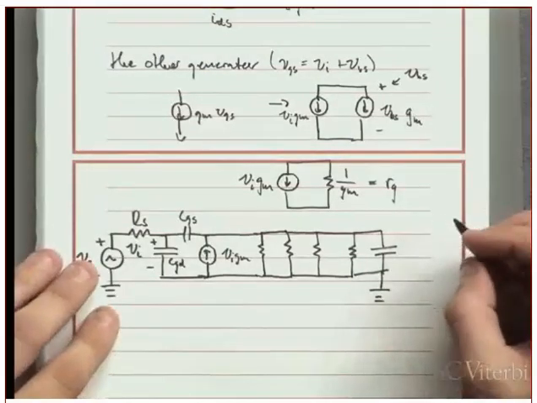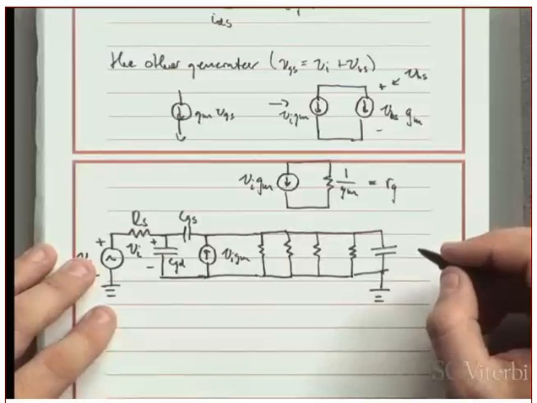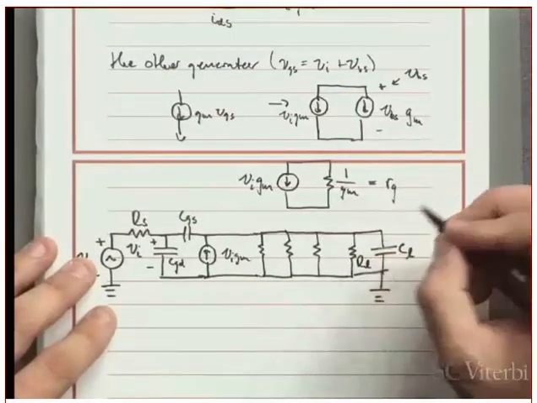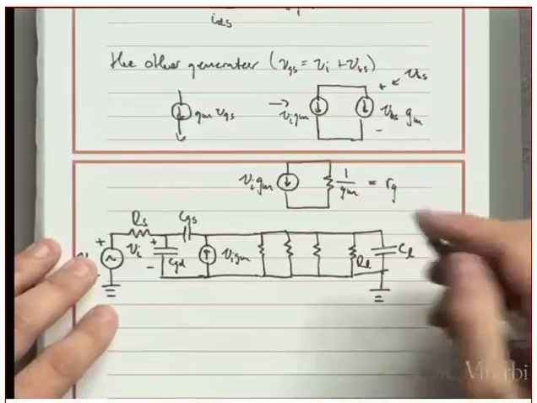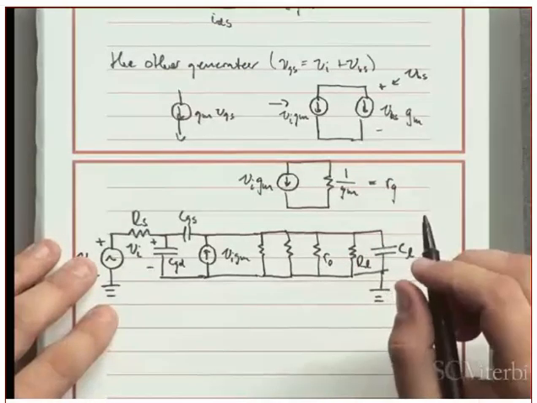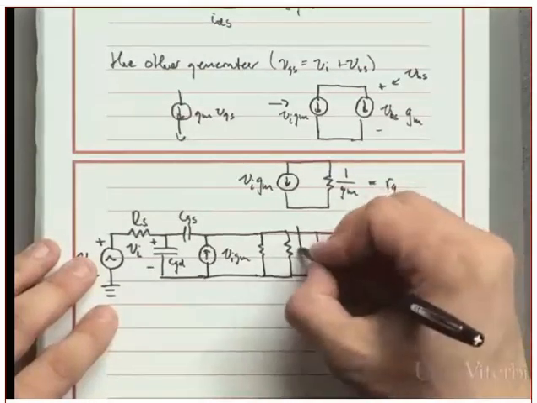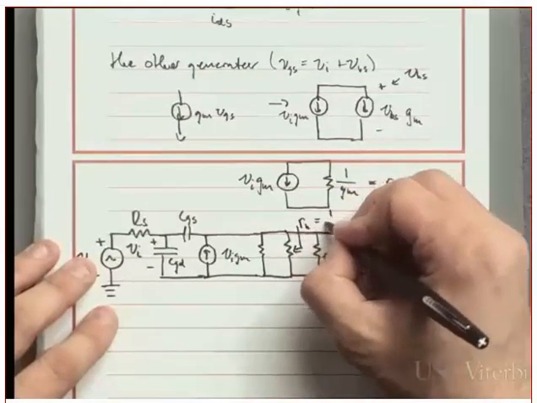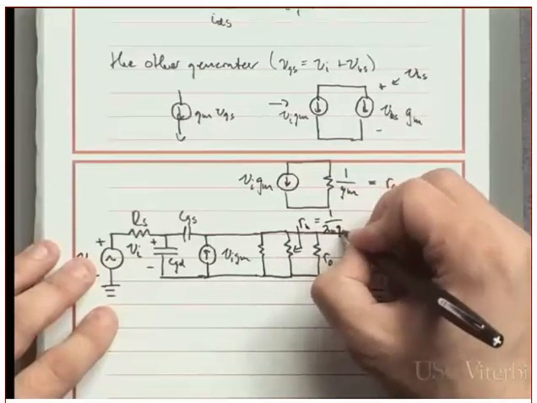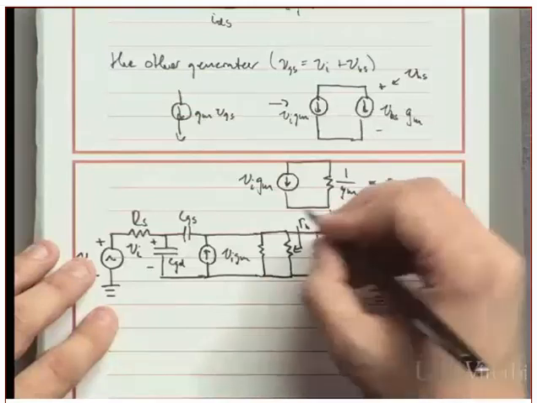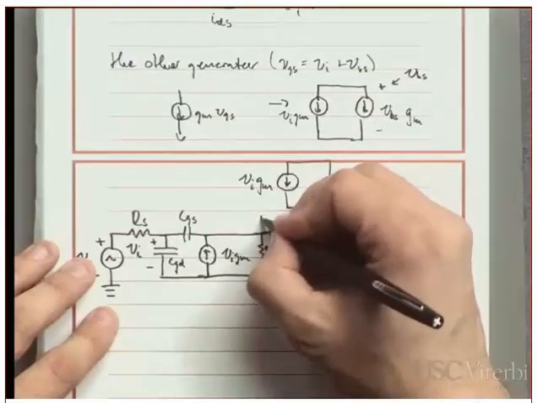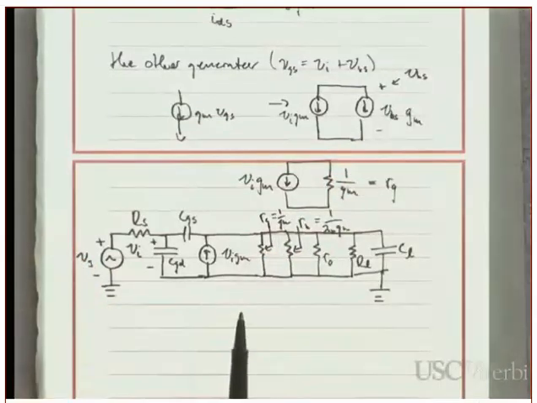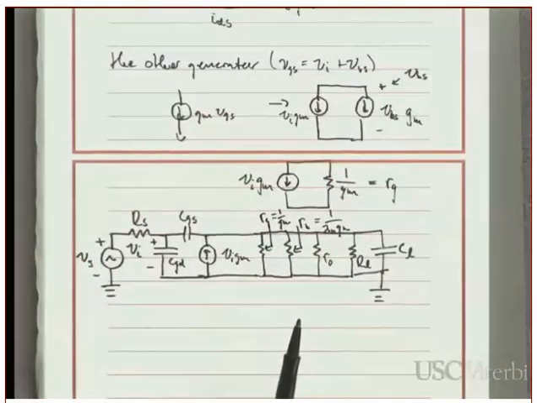And this is all grounded over here. So CL, RL, RO. This one I labeled RB, which is, just to make a reminder here, 1 over lambda BGM, and this one is RG, which is 1 over GM. So this is the more common circuit that you see for a source follower.